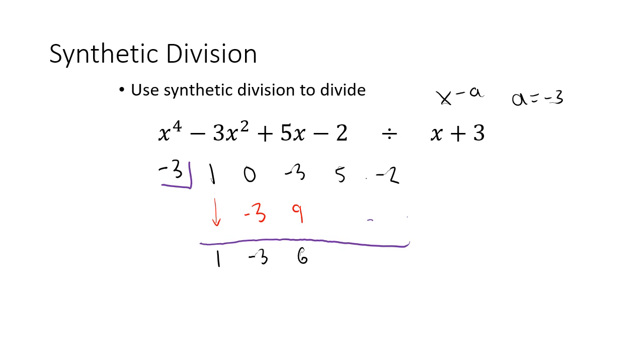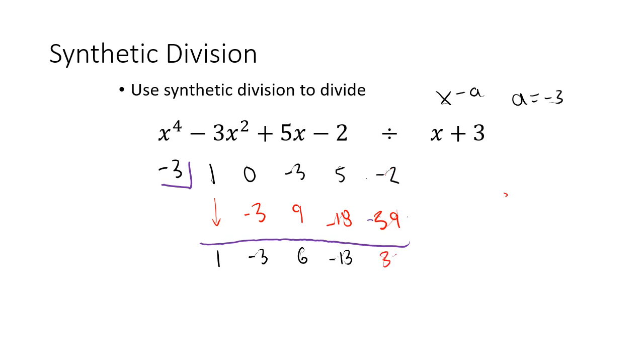Then negative 3 times positive 6 is negative 18. Then 5 plus negative 18 is negative 13. And then negative 3 times negative 13 is 39. So negative 2 plus 39 is 37.